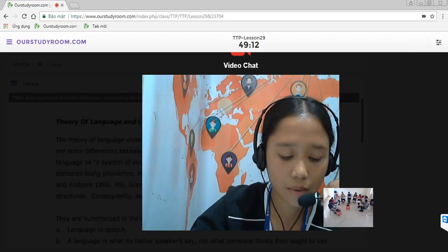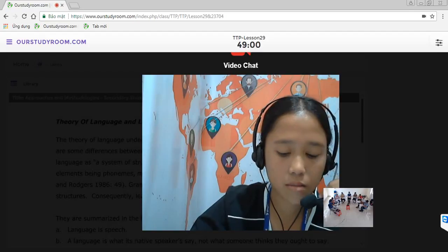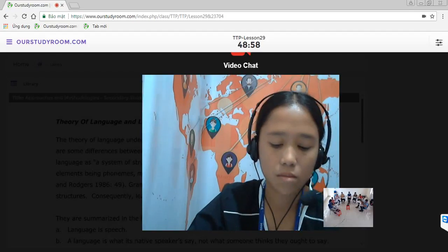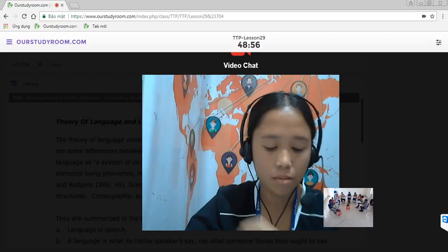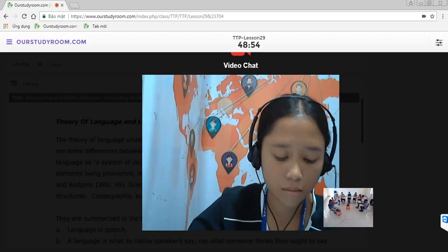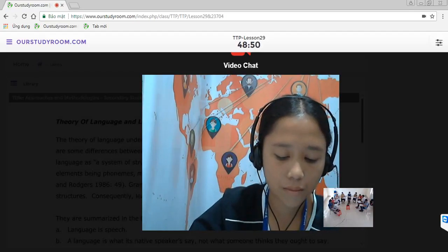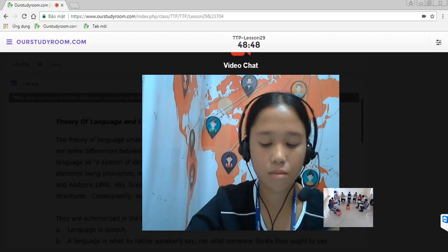The theory of language underlying this method is structural linguistics. Though there are some differences between British and American structuralists, both movements view language as a system of structurally related elements for the encoding of meaning.